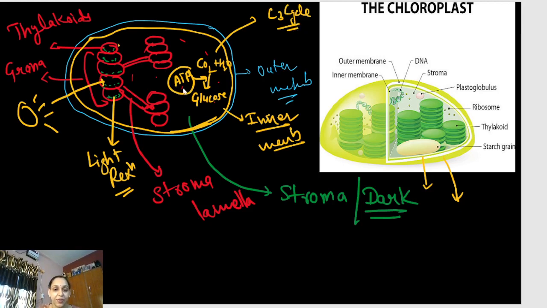And these ATPs come from the light reaction. अब light reaction कहाँ होंगी? Grana में. These light reactions form ATP and these ATPs are consumed in the C3 cycle. This is the whole process, the whole chloroplast.